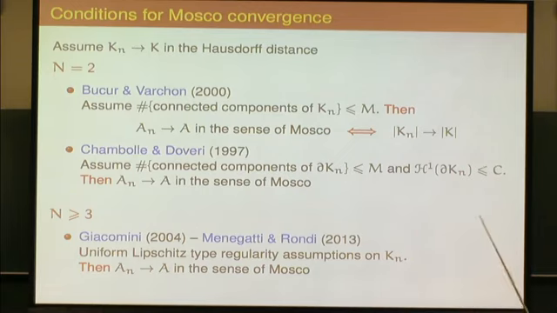Sure. K_n minus K measure goes to 0? No, the measure of K_n goes to the measure of K. Because in Hausdorff distance you can have a measure zero set which is going to the full set.